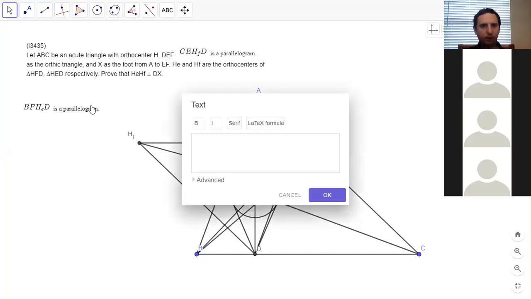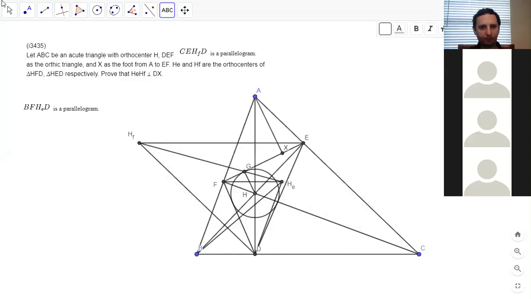So we have those two parallelograms. And then what was the next thing you said? So that's it, only the two parallelograms.